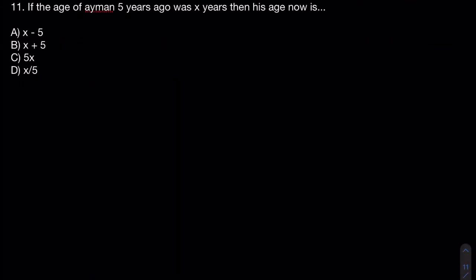So question 11 says, if the age of Ayman 5 years ago was X years, then his age now is what? Okay. So this is just a logical question. There are no equations, no formulas. I would advise giving a year to those questions, although with practice you're going to be able to do them almost instantly. So let's say right now it's 2020.